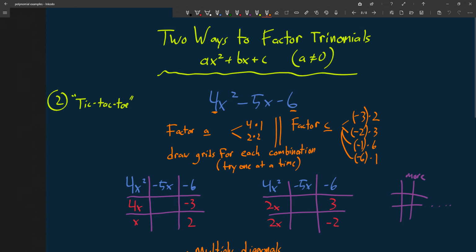You find your factors of a, we could do 4 times 1 or 2 times 2. You find your factors of c, we could do negative 3 times 2, or negative 2 times 3, or negative 1 times 6, or negative 6 times 1, lots of options.